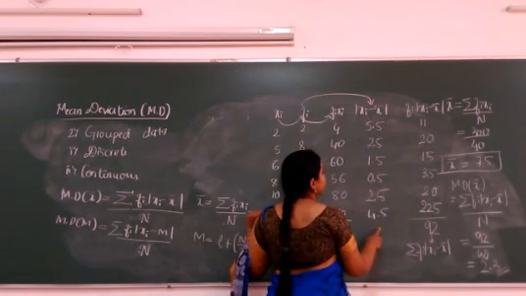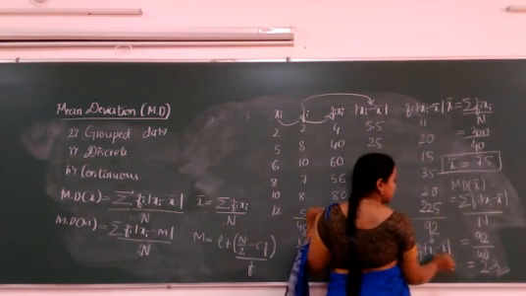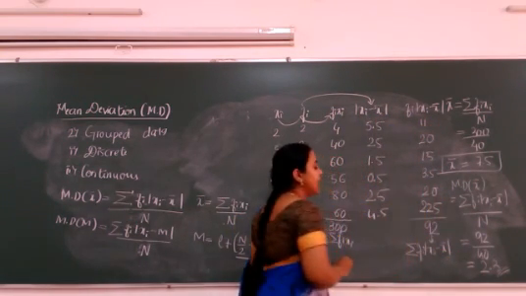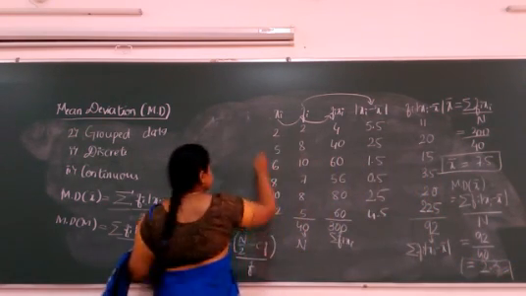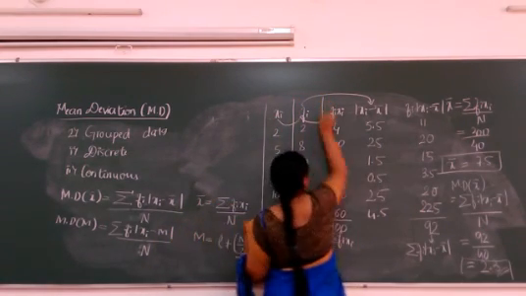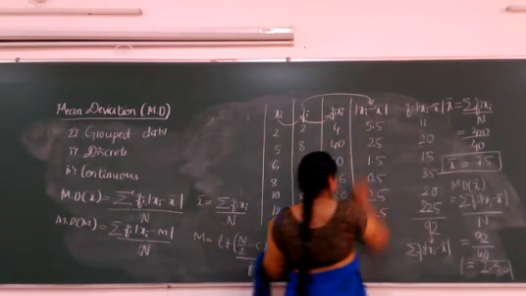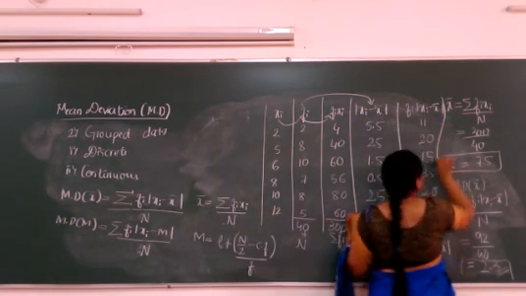After calculating the deviation, we multiplied Fi into this deviation so as to get the summation. Substitute and you will get your final answer. So this is how you will find the mean deviation about mean for a discrete data.